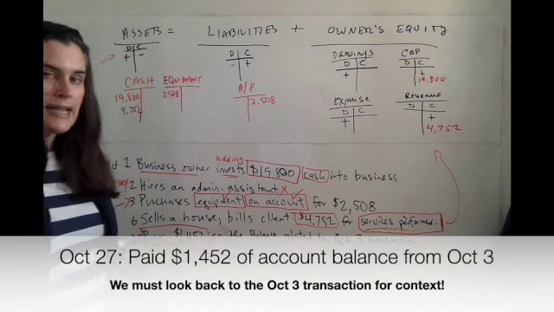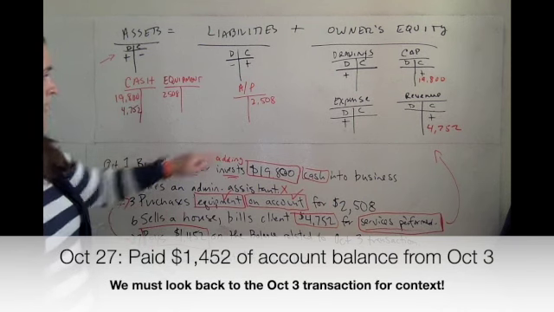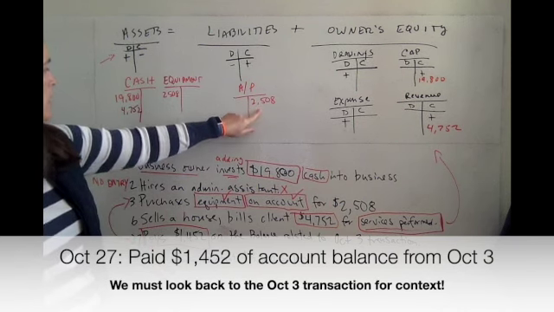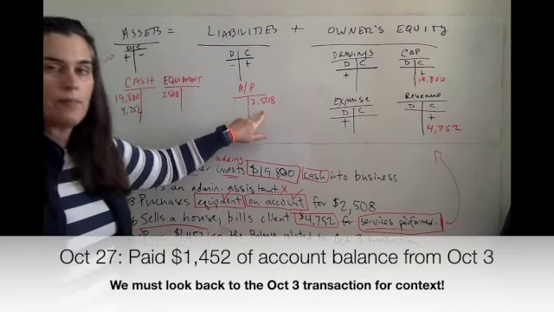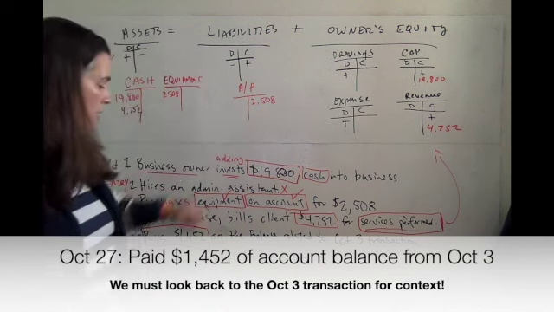We don't see on account here, but we're being referred back to this transaction here where we got access to the equipment and then set up an account payable. Now the business owner is actually paying part of that off.